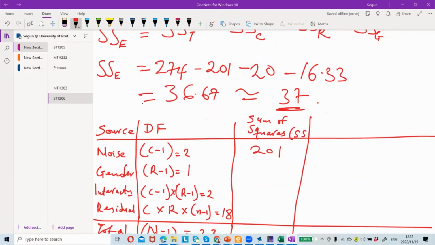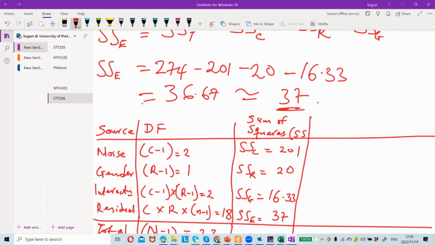You remember? For the group. For residual is 37.